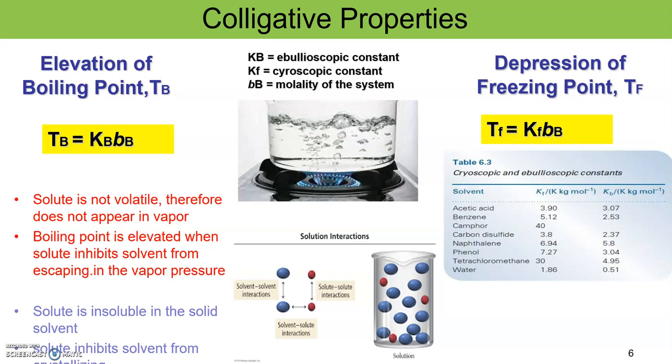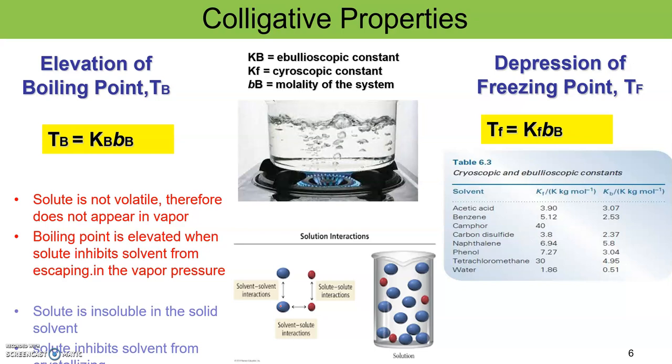But when we introduce a foreign element such as sodium chloride, we now have a few interactions in our solution: solvent-solvent interaction, solvent-solute interaction, and solute-solute interaction. So we have 3 interactions in our solution.